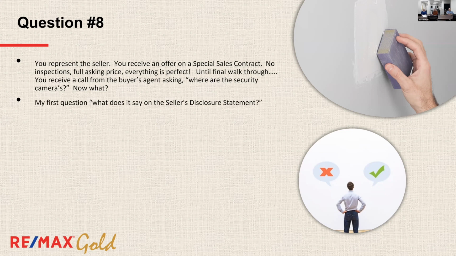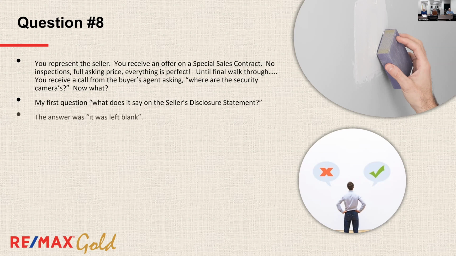So first of all, let's make sure we know the difference between a regular sale contract and a special sale contract. Your regular sale contract identifies a lot of different things that are included, and the special sale contract does not list all of those things. So my first question to our agent was, what's on the seller's disclosure statement for cameras, for security system?